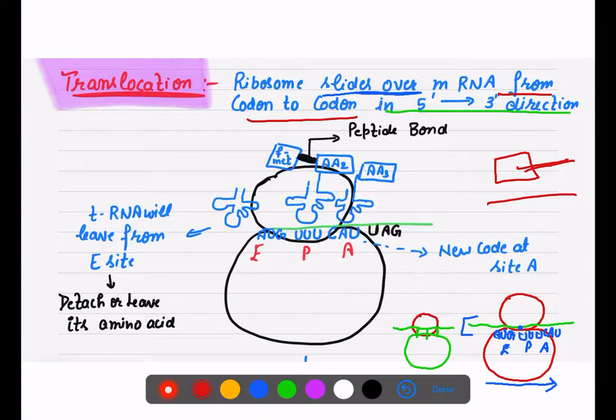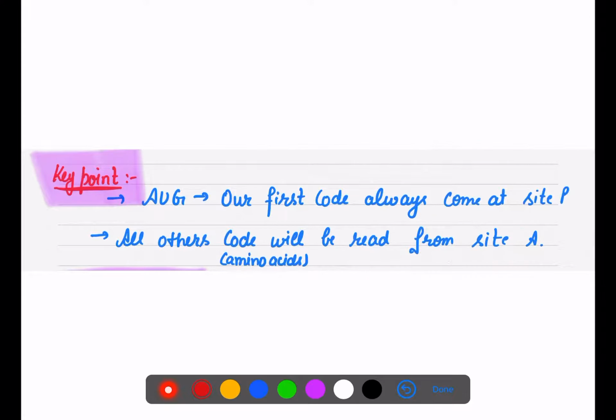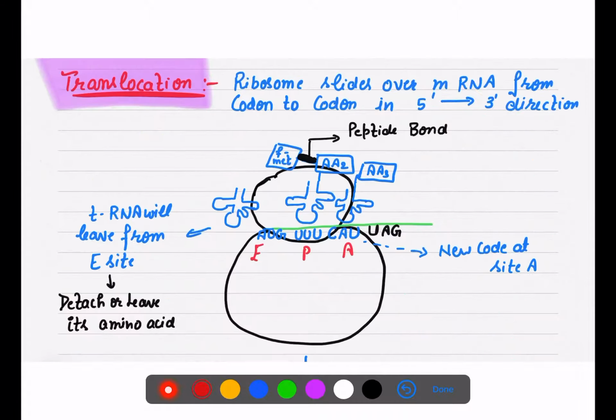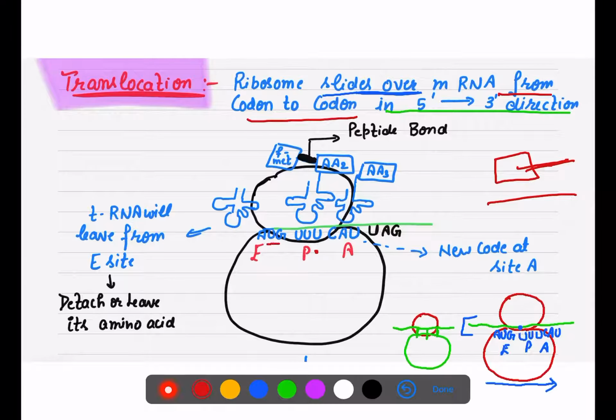So AUG was present at the P site. AUG was at the P site, and now it will come to the E site because of the movement of the ribosome, and there is a new amino acid on the P site, that is UUU, and one more amino acid comes in at the A site.